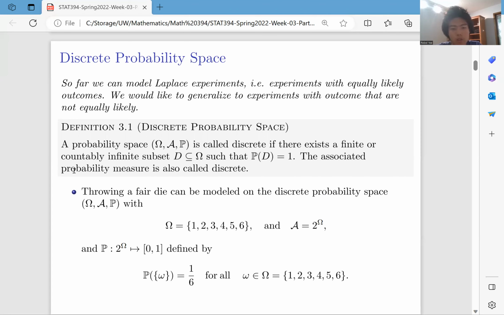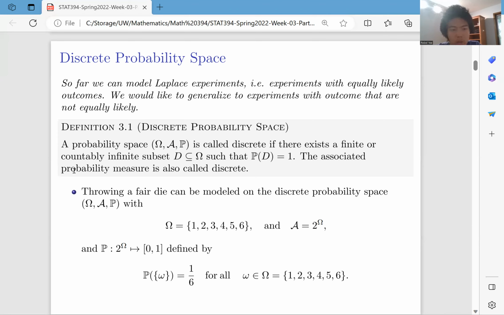So the first definition we introduce here is a discrete probability space. Consider a probability space with a sample space, its power set, and its probability measure. It is called discrete if there exists a finite or countably infinite subset D belonging to the sample space such that the probability that D happens is equal to 1.